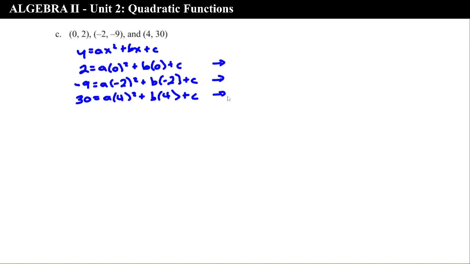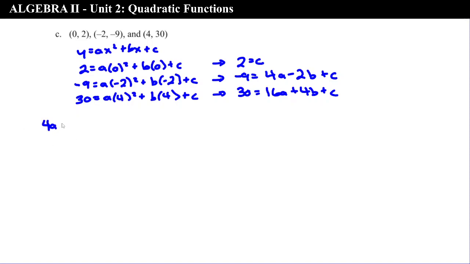And let's clean all three of these up. We get 2 equals c. We get negative 9 equals 4a minus 2b plus c. And then we get 30 equals 16a plus 4b plus c. So let's plug in what our c is on both of these. Negative 9 equals 4a minus 2b plus 2.